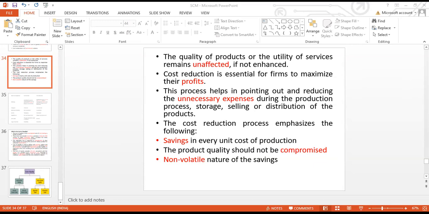What is about cost estimating? See, second step of strategic cost management is cost estimating.